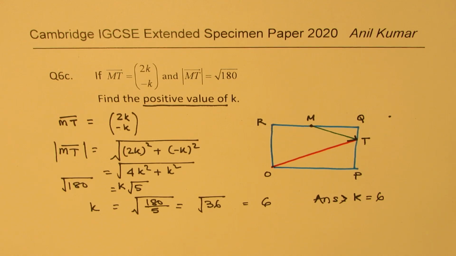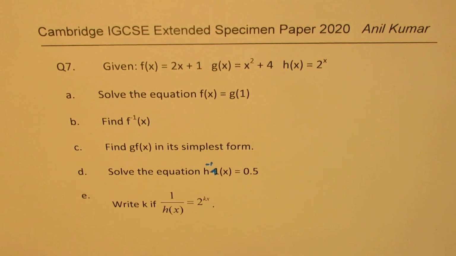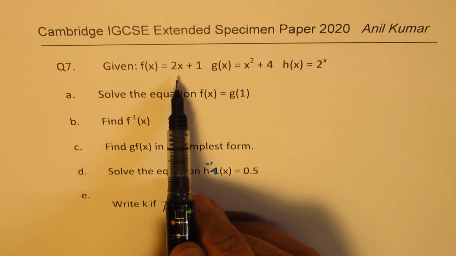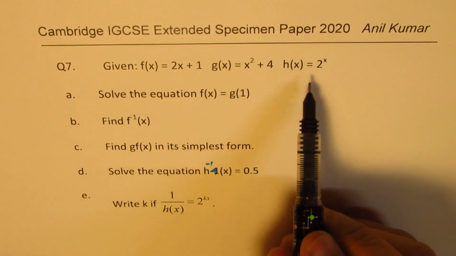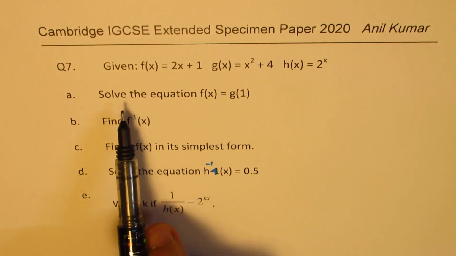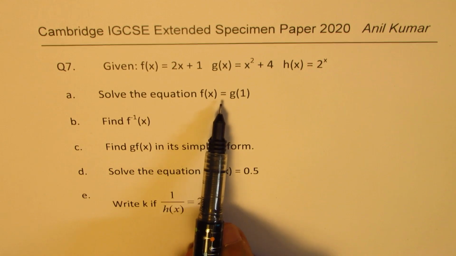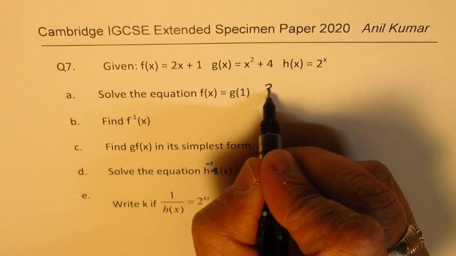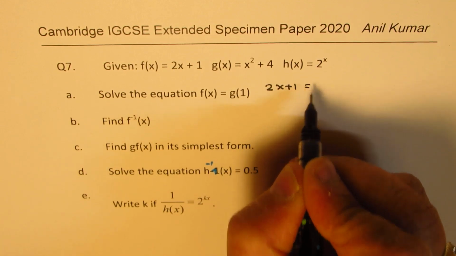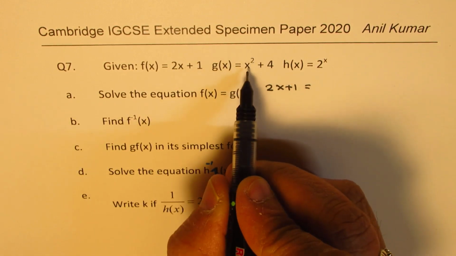Let's move on and take question number 7 now. Given f of x equals 2x plus 1, g of x equals x squared plus 4, h of x equals 2 to the power of x, solve the equation f of x equals g of 1. So f of x is 2x plus 1. When I say g of 1, substitute 1 here, right?